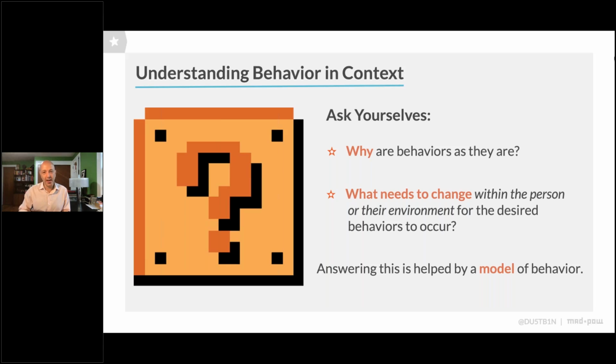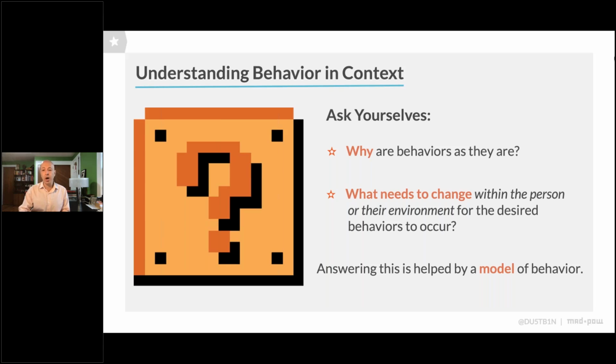So we want to start by asking, why are behaviors as they are, doing the research to understand that, and understanding what needs to change within a person or their social and physical environment for the behaviors to occur.